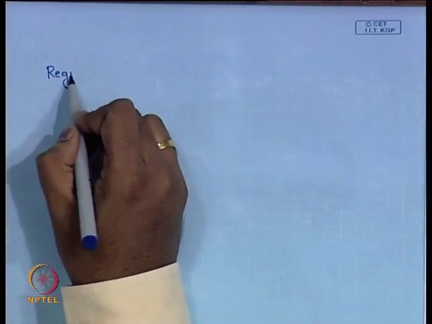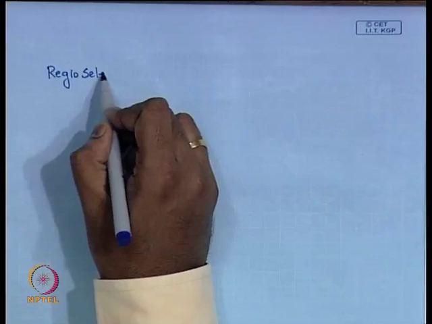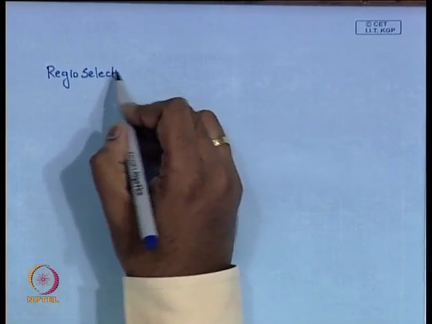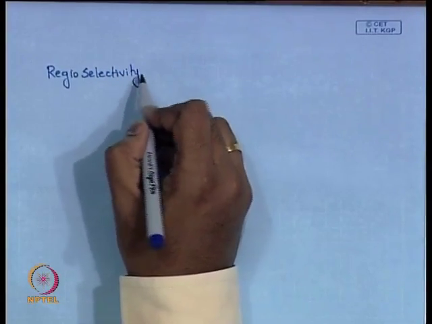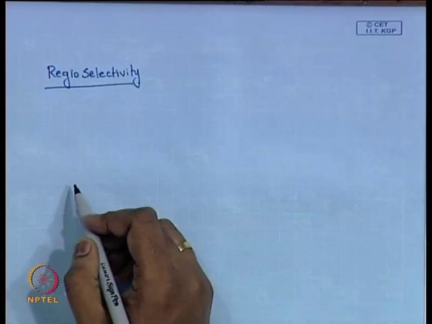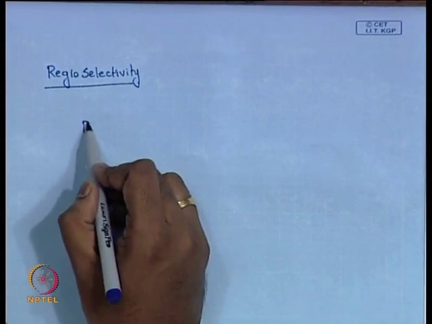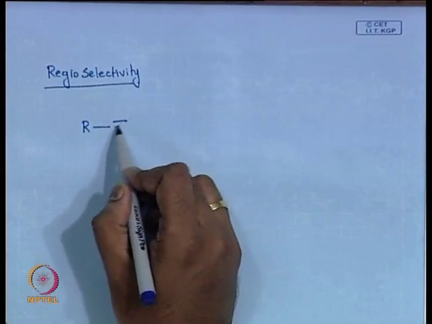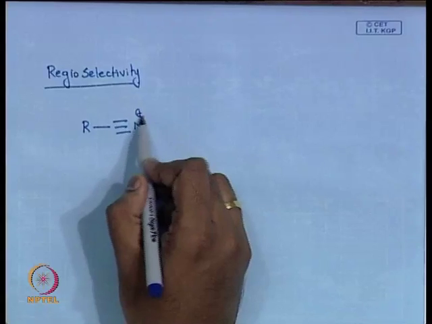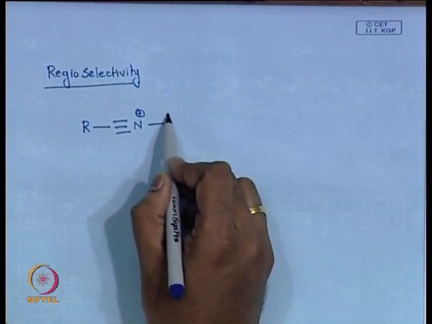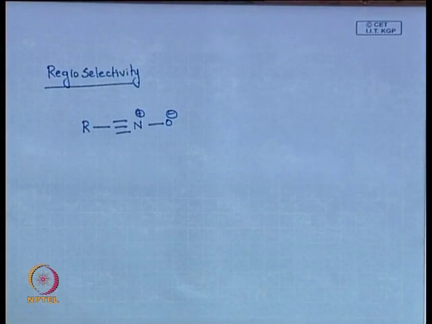Again, this nitrile oxide reaction also has a little bit of regioselectivity, okay, because you can understand in a simple way that regioselectivity is there. Write this way, plus O minus.